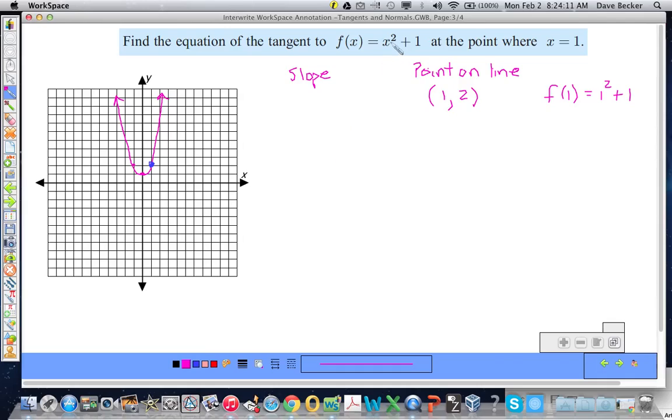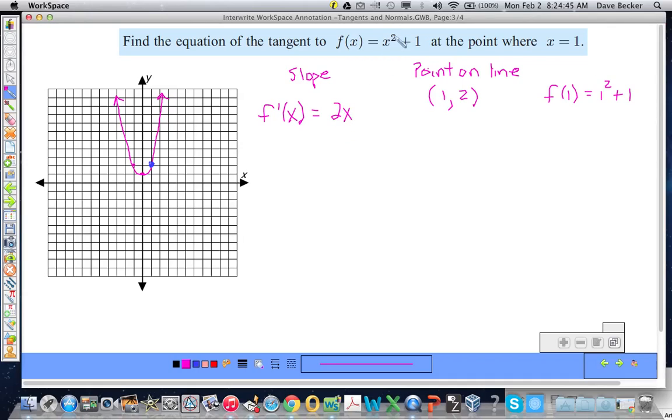How do I find the slope? I take the derivative, because the derivative gives me the slope of the tangent to the curve. And if f of x equals x squared plus 1, f prime of x, the derivative, is equal to simply 2x. Why is that? Well, remember your rule. To find the derivative of a polynomial with an exponent, I just multiply the front of the term, or the coefficient of the term, by the exponent.